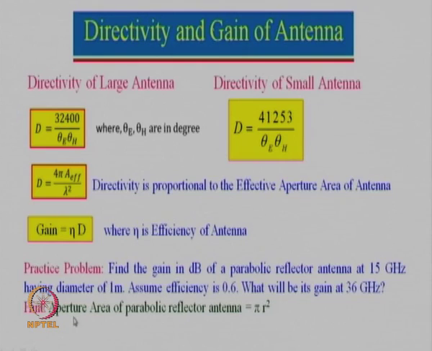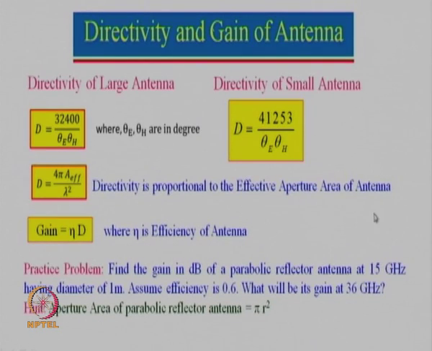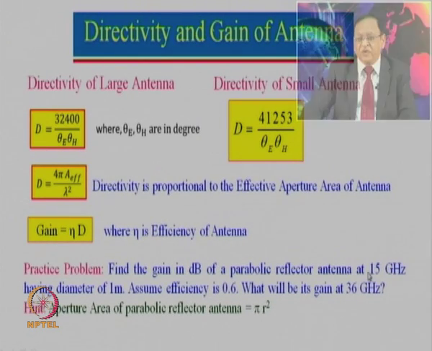If the diameter is 1 meter, what will be the aperture area? Well, aperture area is given by pi r square, r is radius. In this case diameter is 1 meter, so r will be 50 centimeter. Now A is known. What is lambda? Lambda has to be calculated from the frequency.